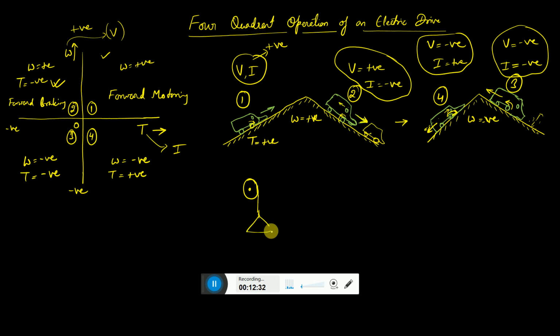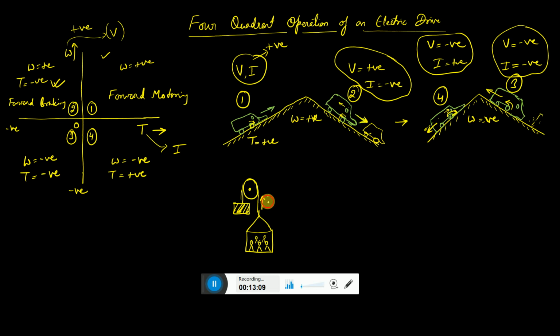So this is, let us say, an empty cage, and on the other side of this drum you have a balancing weight. On the right hand side, let us say there is a cage. So now the cage is full of people, right? Suppose 5 people are here, and now your objective is to move it up.